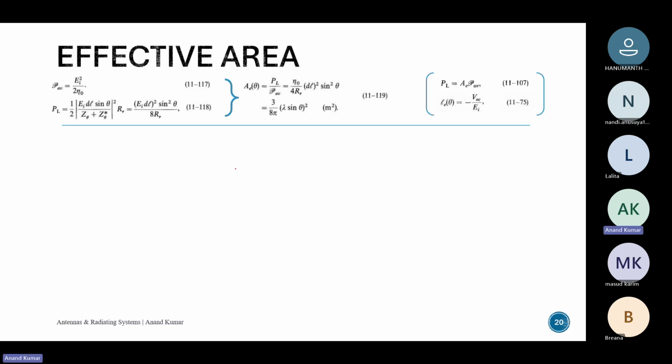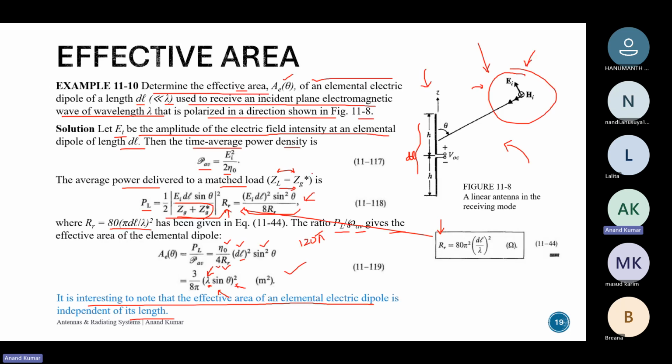Before we proceed, I'll just pause here if you want to go through the math.